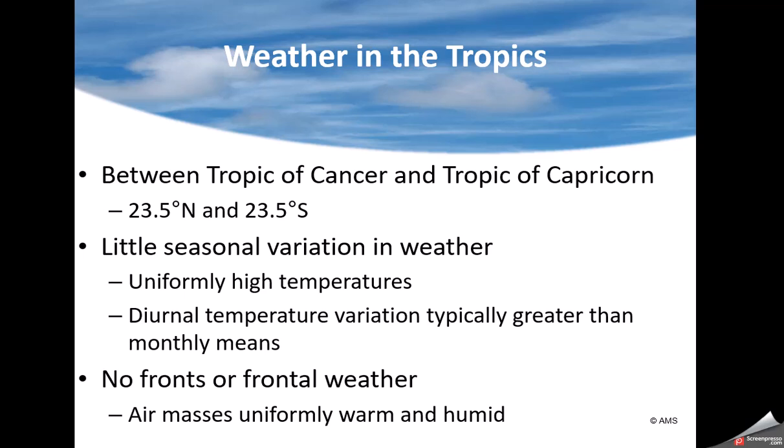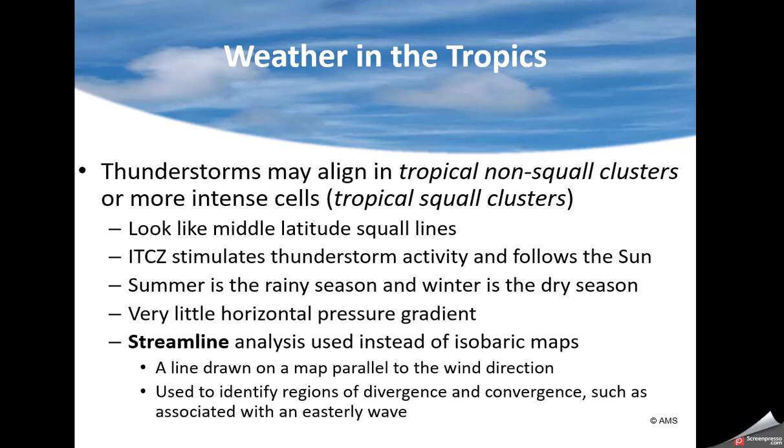For example, no temperature has ever been below 60 degrees in San Juan, Puerto Rico. So think of that as highs in the 90s, even nighttime lows in the 70s or 60s, and that's it. No fronts pass, nothing. The air mass is very warm and humid.